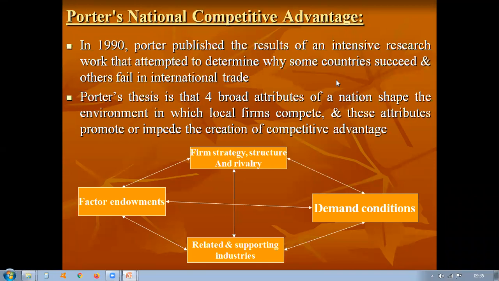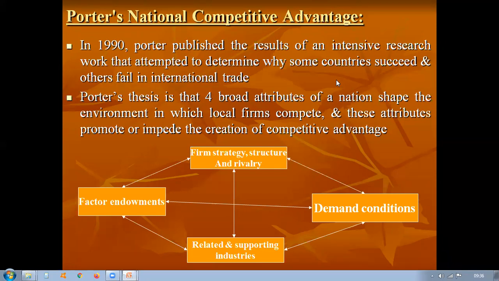So countries should produce and export those products for which they are relatively more productive than other countries and import other products. We have seen the relative advantage, cost comparison, the comparative cost theory.